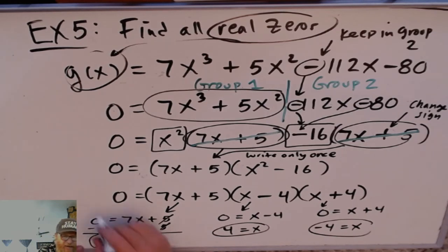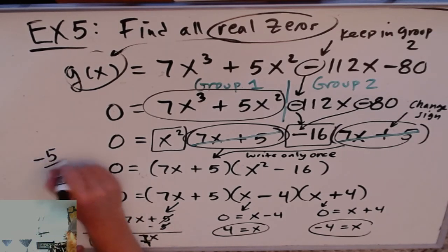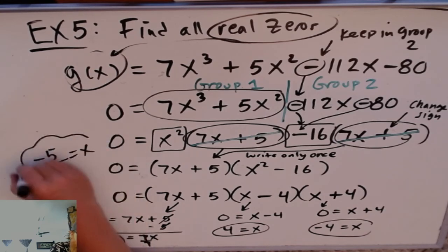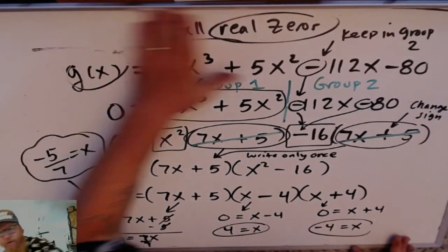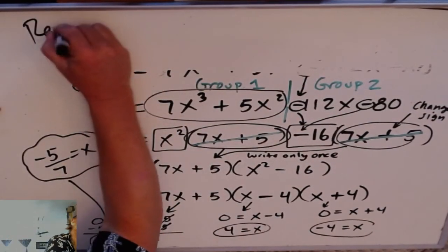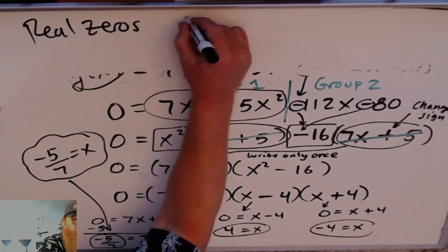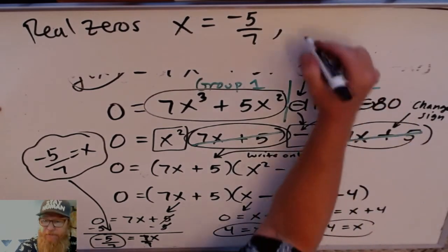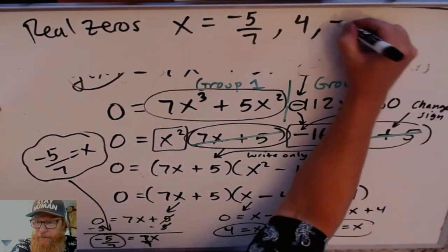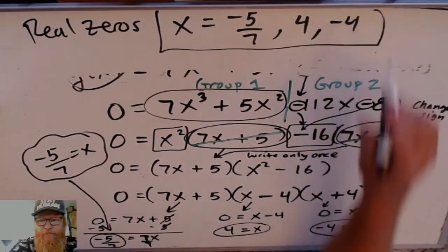I don't know if you can see that. That's a negative 5/7. All right. So those are the real zeros: negative 5/7, 4, and negative 4.